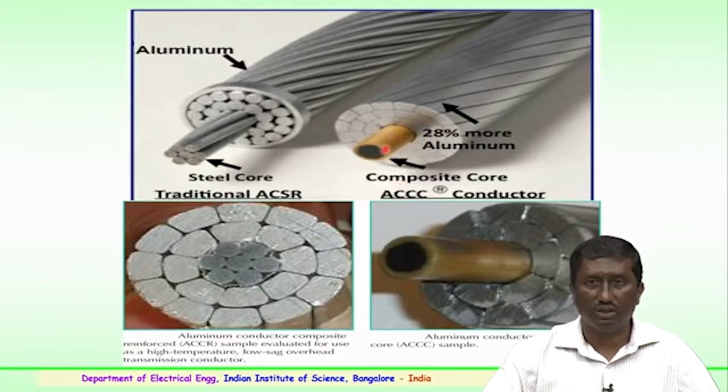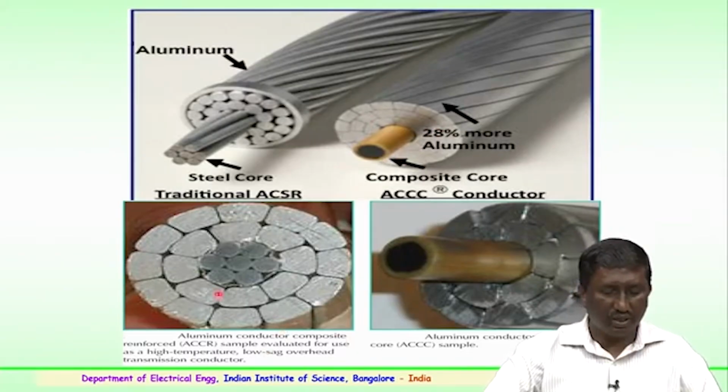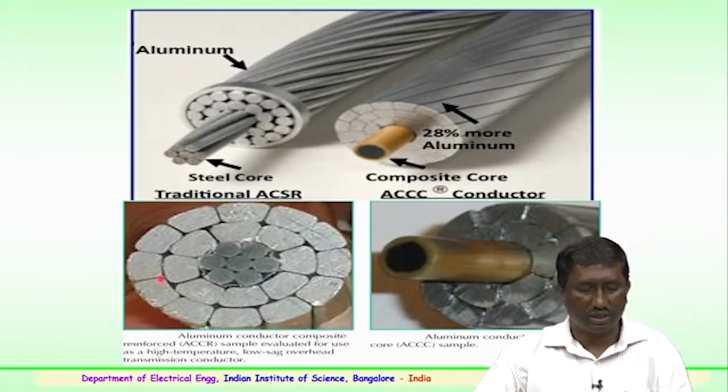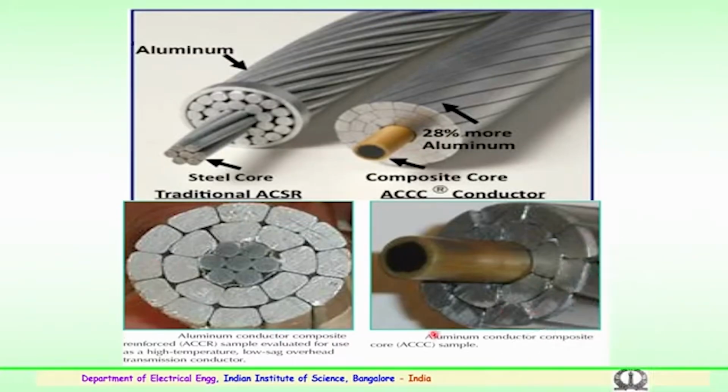You can see the core is composite in nature, a composite material with special aluminum conductors, particularly the trapezoidal nature, and clearly there is no air gap between conductor to conductor. This could be further seen here, how the strand ends of the aluminum conductors are placed for better conductor management.